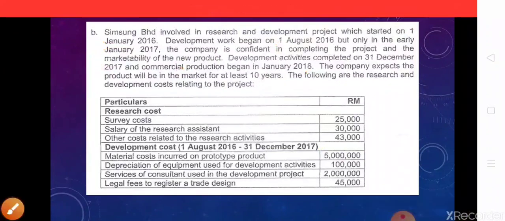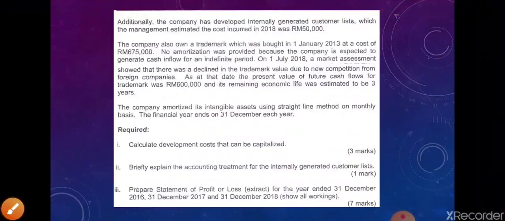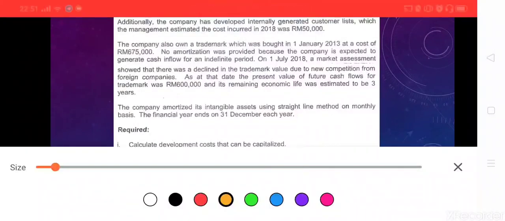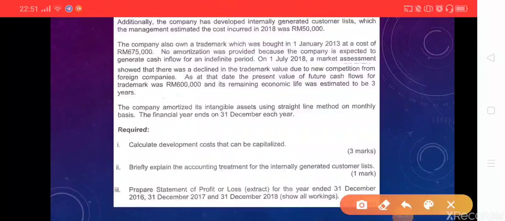Okay, let's read further. Additionally, the company has developed an internally generated customers list. So this is another type of intangible item, which the management estimated the cost in 2018 was 50,000 ringgit. So remember that this is internally generated customers list.